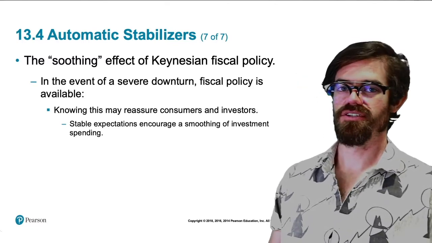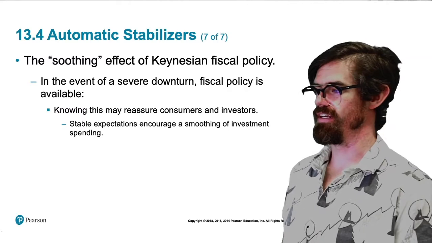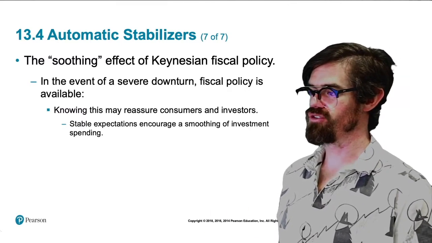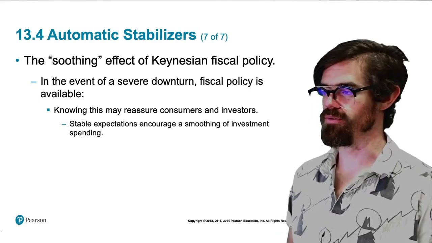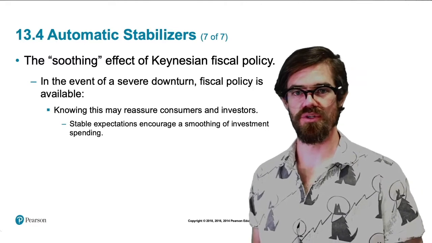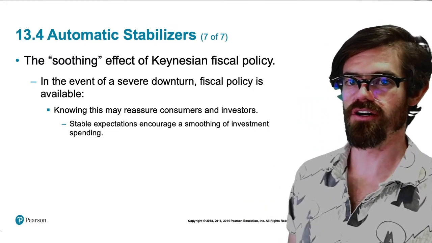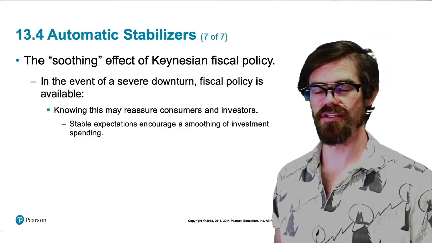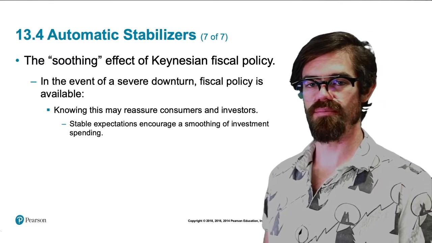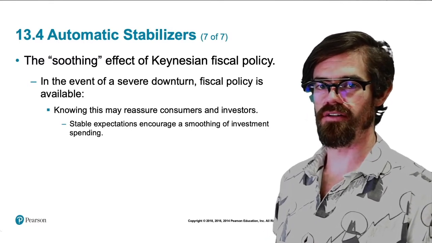And as it turns out, there's sort of a soothing effect of Keynesian fiscal policy. In the event of a severe downturn, as we may be facing right now, fiscal policy is, for the most part, always available. And knowing this may reassure consumers and investors, which I think we've seen, especially if you have been following the stock market at all. It has seemingly been responding positively to the fiscal policy response, in addition to the monetary policy response, which we'll talk about in a later chapter.